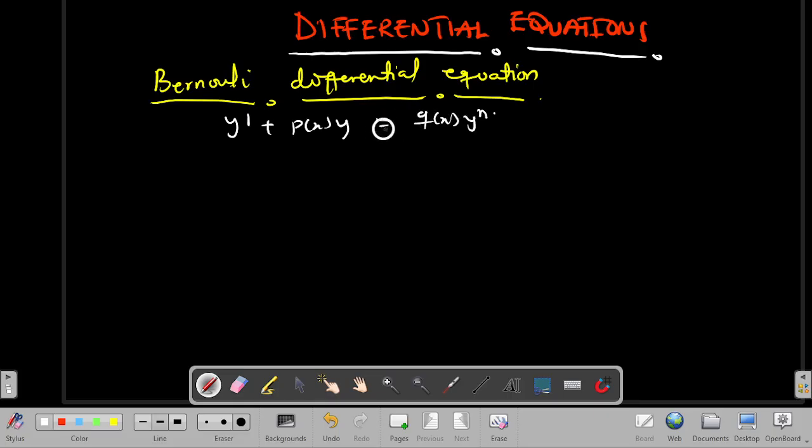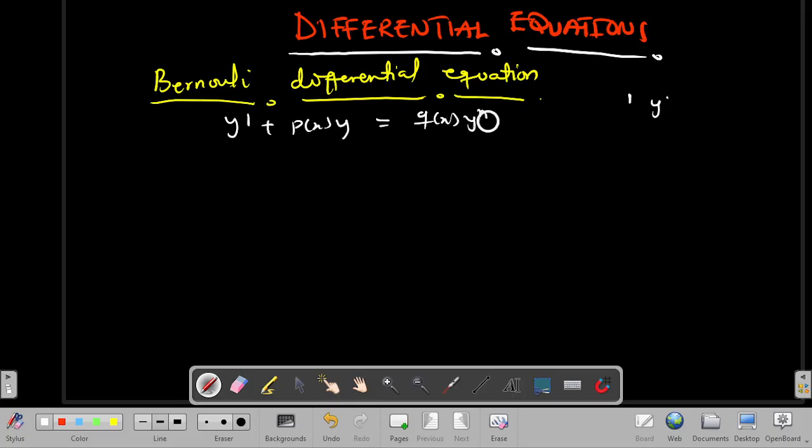From linearity class, I showed you that for a first order differential equation to be linear, the highest power of y should be 1. There are situations where the equation is almost linear, but there is a term which has y to a power greater than 1, and it makes the whole equation Bernoulli.